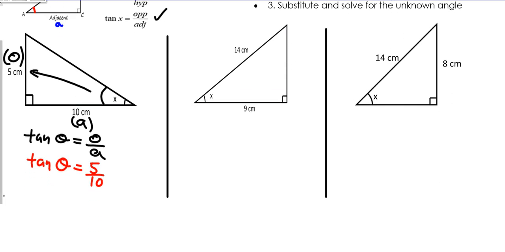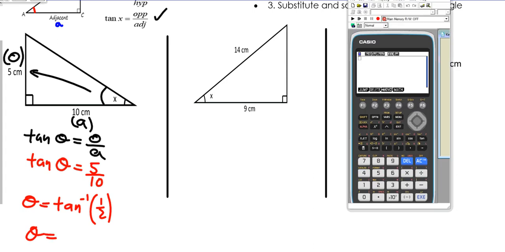And then we need to use our calculator to be able to find the missing angle. So how I set this up on our calculator and how we write it is my angle is equal to the inverse tan of 5 over 10, which we know is a half. And if I use my calculator, I simply need to press Shift tan to get inverse tan.